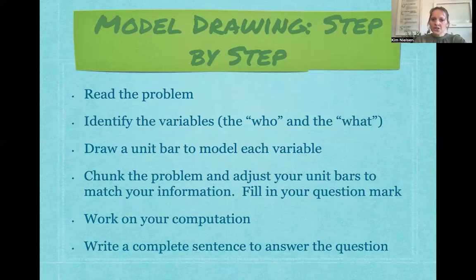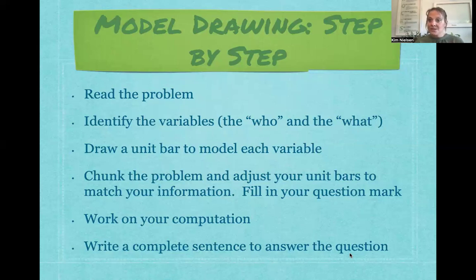Work out the computation. And then this is important. Write a complete sentence to answer the question. Now, our kids really don't like to do this. In the younger grades, they have in the book a complete sentence and you fill in the blank. But what I always try to say is this is still communication, right? Math is still a language. And what I'm really trying to do is communicate.